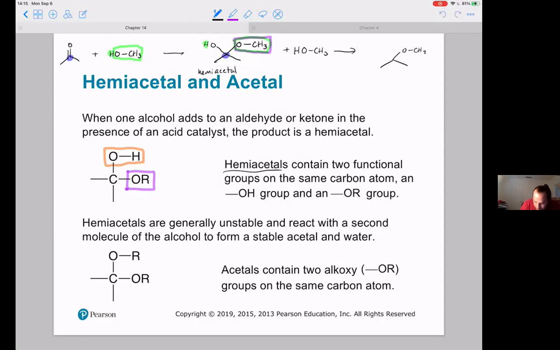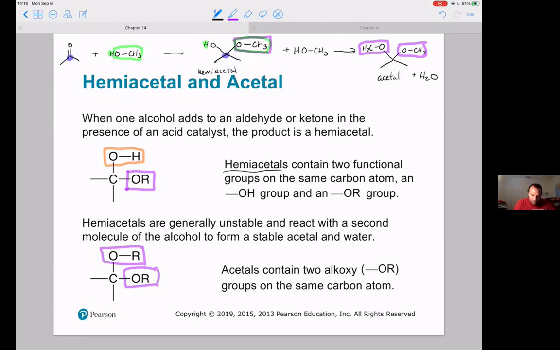Now a second round of addition will form an acetal. So now I have two of those OR groups, of my alcohol groups that have joined on. And to balance here, the other thing that would be produced at this step would be water.